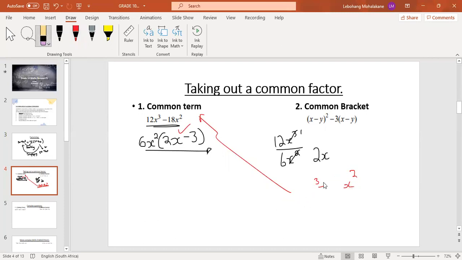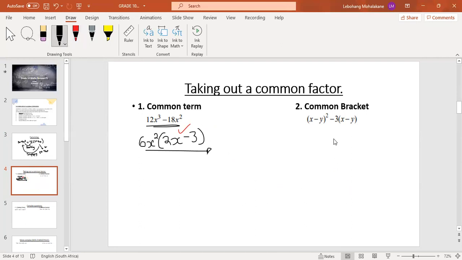On the second one, you're dealing with a bracket. In the previous one, you were taking out a term which was 6x squared. So in this case, you're dealing with brackets. Remember, there's a difference.